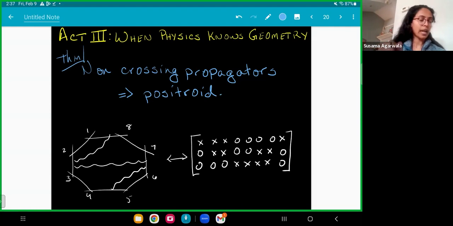And if I have crossing propagators that fail to meet some density condition, which is just a complication that I don't want to get into, then I'm going to fail to have positivity. So somehow this rule that physics says, that I can't have crossing propagators, is telling me that I want to be in this positive geometric space. I want to be a positroid. So that's fun.